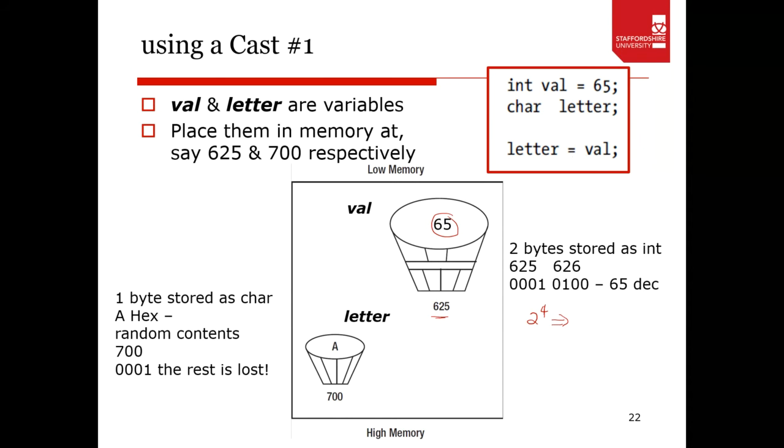Sorry, 2 to the power of 16, isn't it? So here we've got 65 in decimal, and that is stored in 625 and 626. We would keep adding zeros.